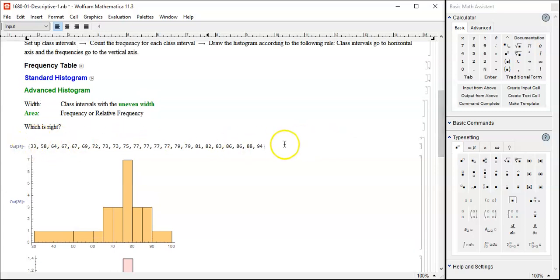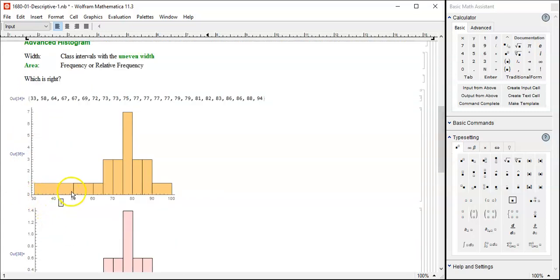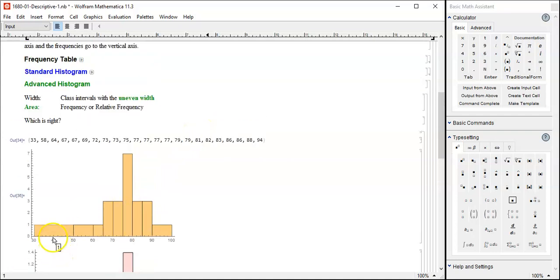We have this, and then between 30 and 50, we have uneven class intervals, and between 50 and 60, and then 60 to 65, 65 to 70, 70 to 75. Now here I used height as the frequency. So it gives you an illusion that it's equally likely to find a student from the 30 to 50 range and 50 to 60 over here.